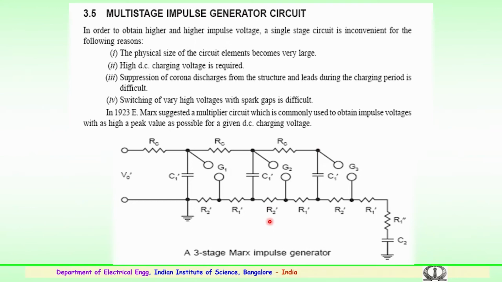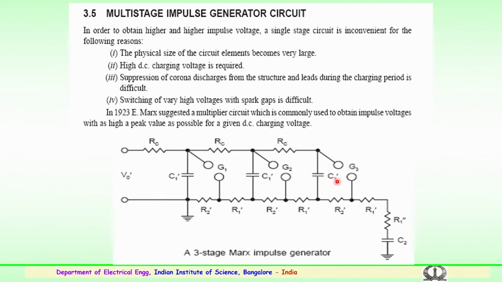So, in 1923 Marx suggested a multiplier circuit, which is commonly used to obtain impulse voltages with a very high peak value for a given DC charging voltage. Here again are the charging resistors, a spark gap for each stage, and the capacitances of the generator stages. The DC voltage is applied, and all the capacitors are charged in parallel.